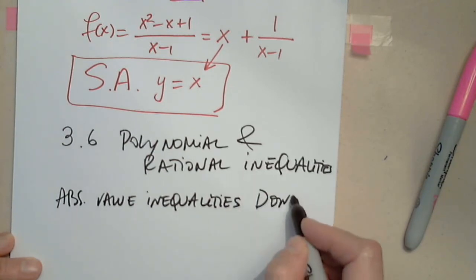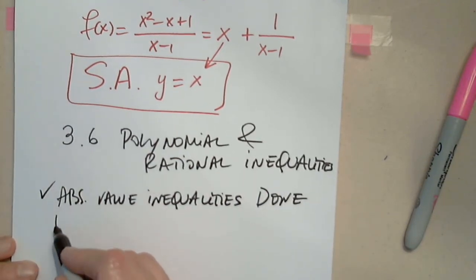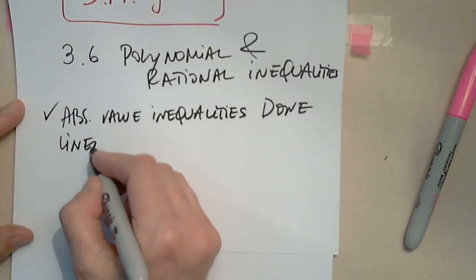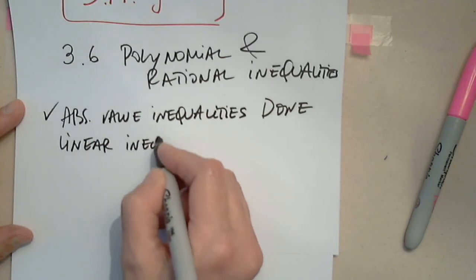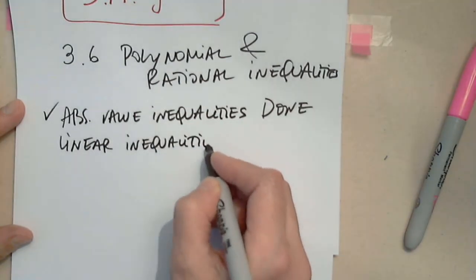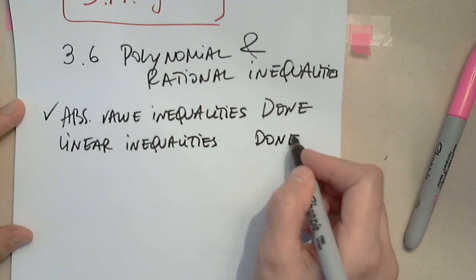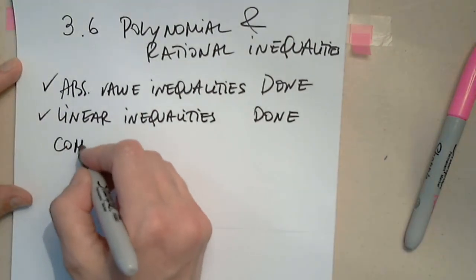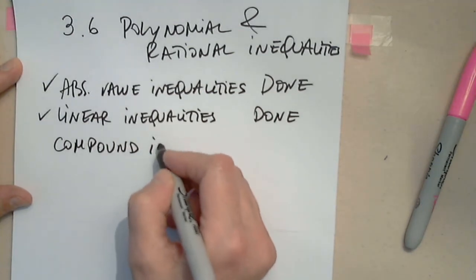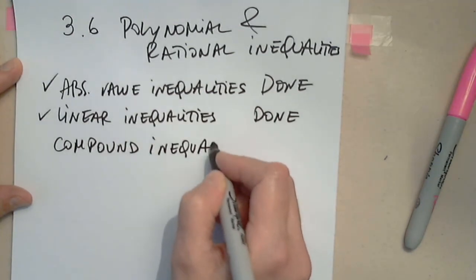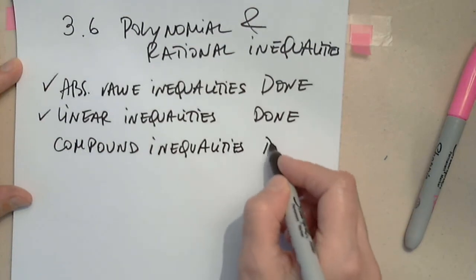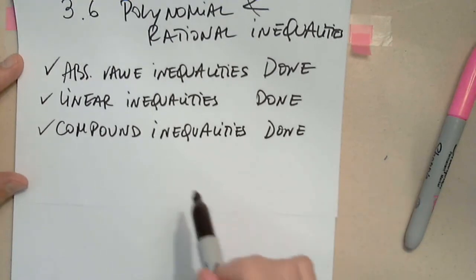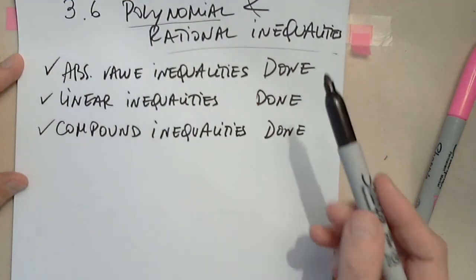Done. We know how to solve linear. Done. We know how to solve compound inequalities. Done. What we don't know is how to solve polynomial and rational.